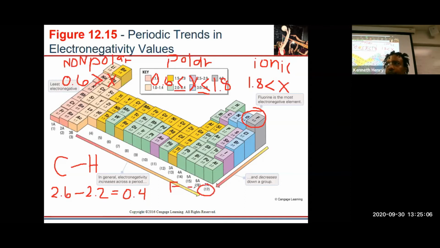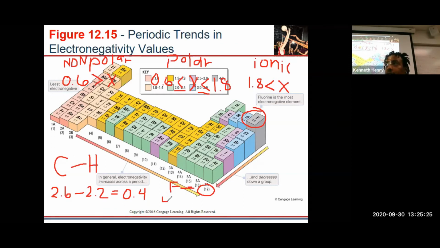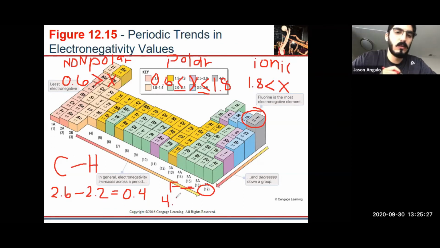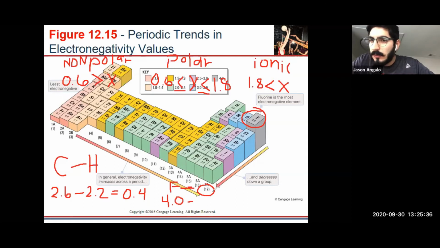So let's say we're looking at oxygen and fluorine, a bond between these. So what am I going to do? You're going to subtract them. Fluorine was 4, and oxygen is 3.4.